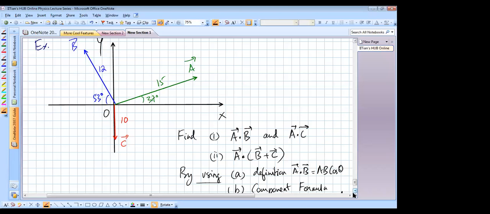So just try to get both these parts correct by both the methods, by method A as well as method B. If you can do that, then you have no difficulty in scalar product from this point onwards.